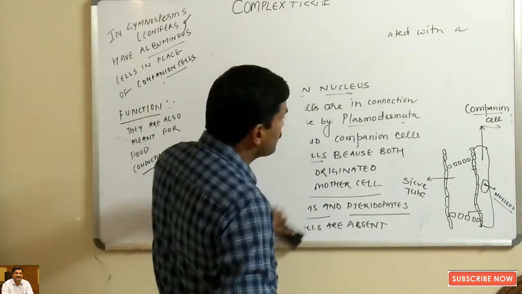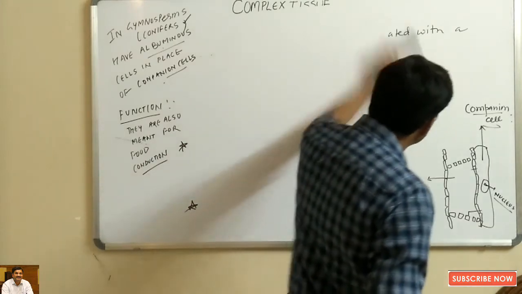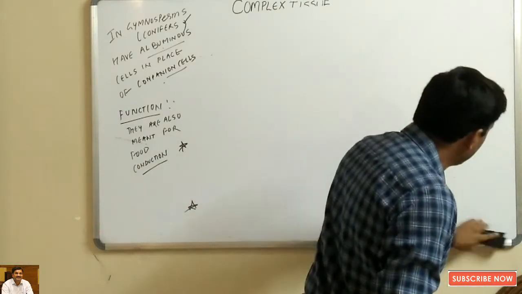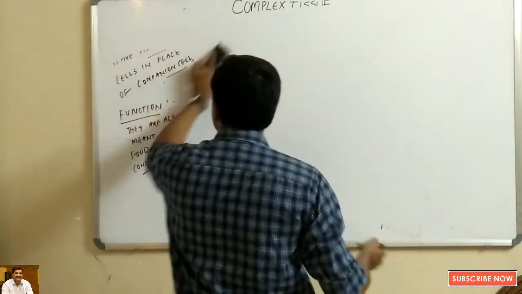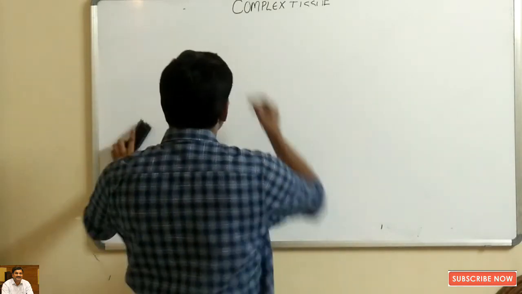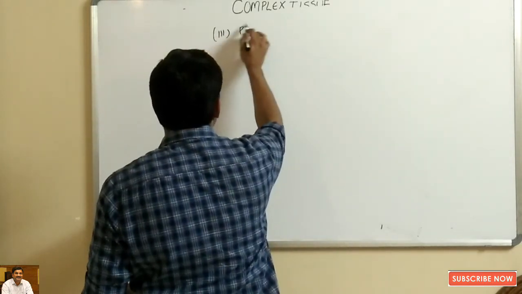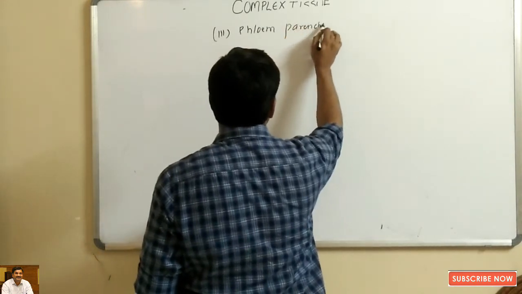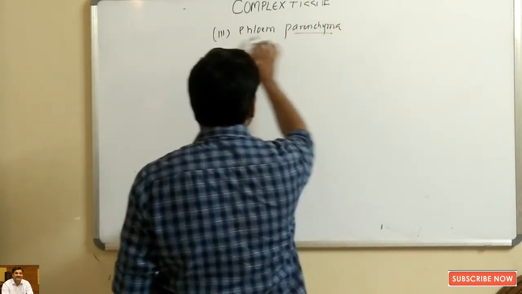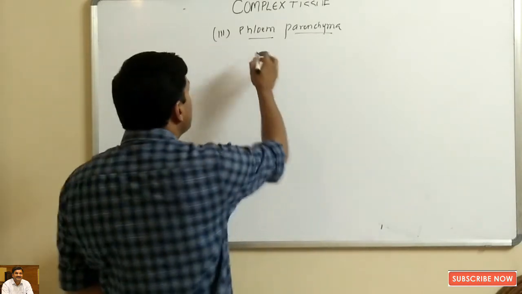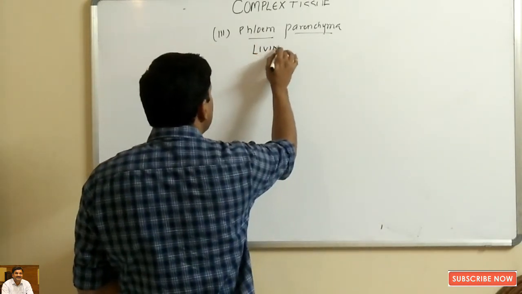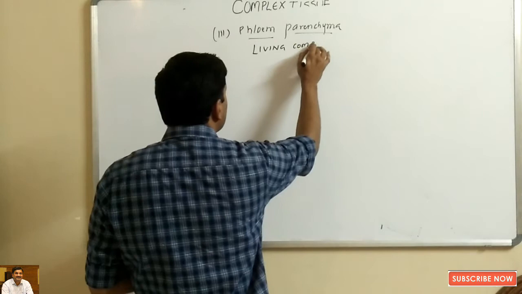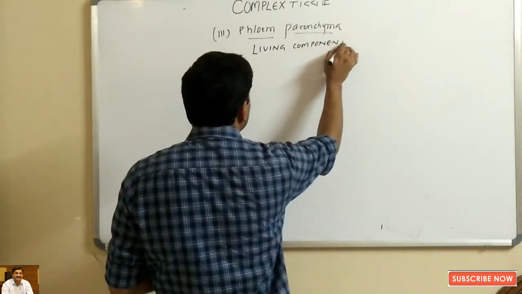Now coming to the third component of the phloem, which is called the phloem parenchyma. Now see, this phloem parenchyma is also a living component of the phloem.